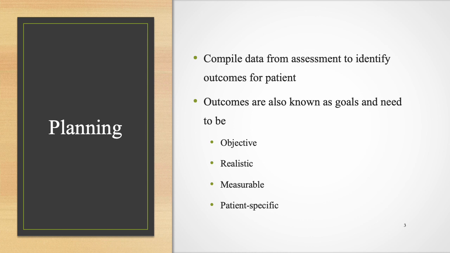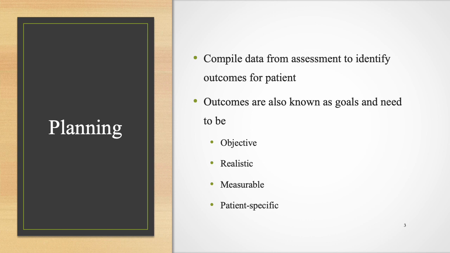Outcomes should also be very specific to each individual patient. We can't make the same goal for every patient that comes in with a stroke because every patient's stroke is going to be a little bit different. So we have to make sure that we tailor care to each individual patient.